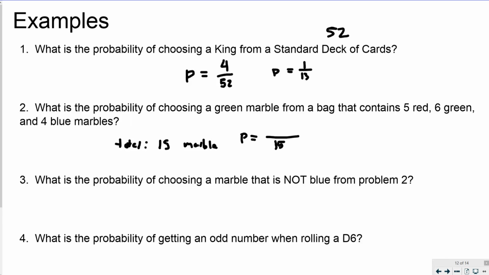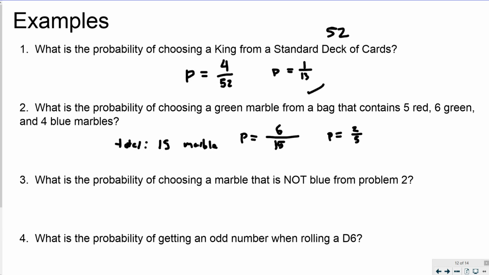On the top, I'm going to put the total number of green marbles. So there are 6 of them. So then my fraction reduces to, both these are divisible by 3, 2/5. I want to fix my fraction bar. There is a 2 in 5 chance of drawing a green marble.